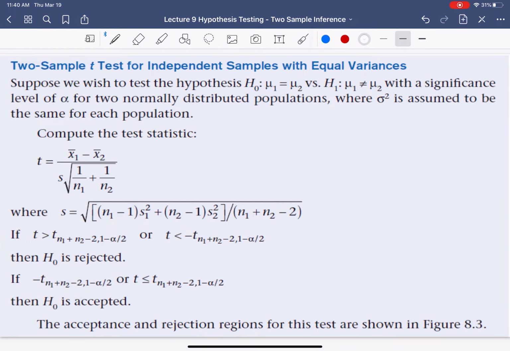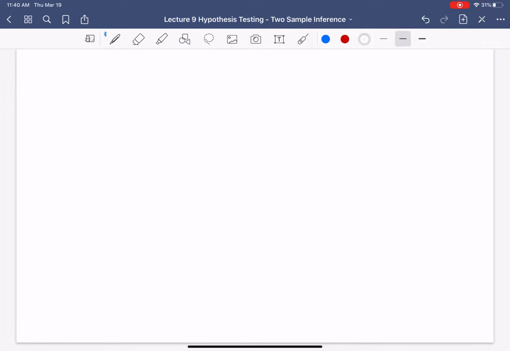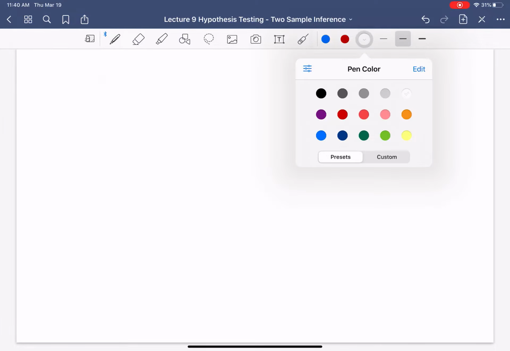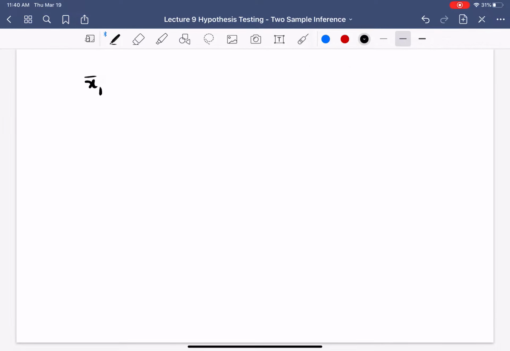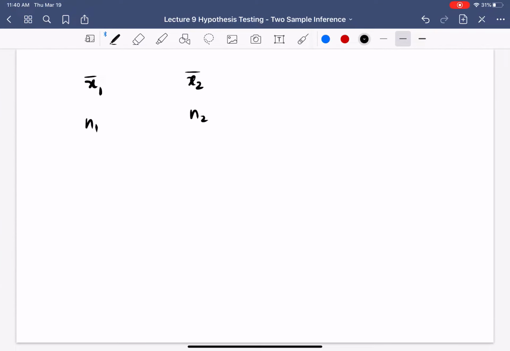So what do we do here in a 2-sample t-test? So we have 2 different samples. You have x1 bar and x2 bar. You have n1 and n2. And for each of these you also have s1 and s2.